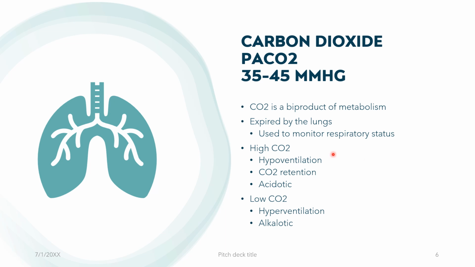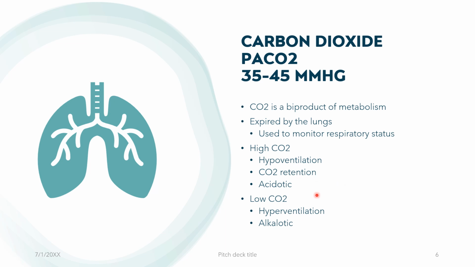A high CO2 can indicate hypoventilation, so our patients who are breathing less than 8 times a minute, or they're not taking really deep breaths, maybe because of pain, or because they have a decreased respiratory drive, say from narcotics. CO2 retention, which we can see in our COPD patients, is going to lead to that acidosis.